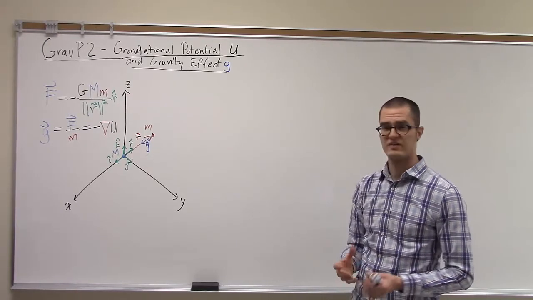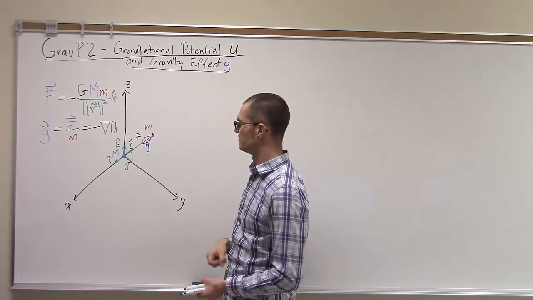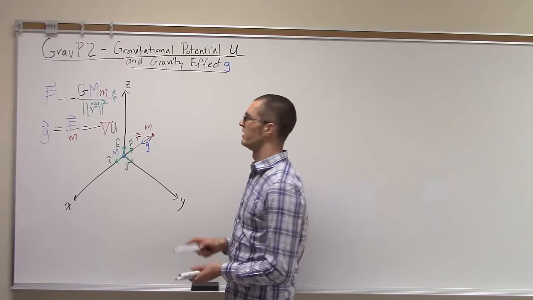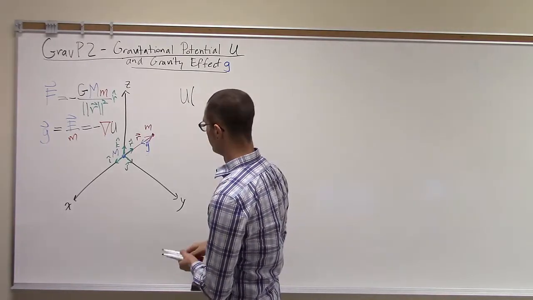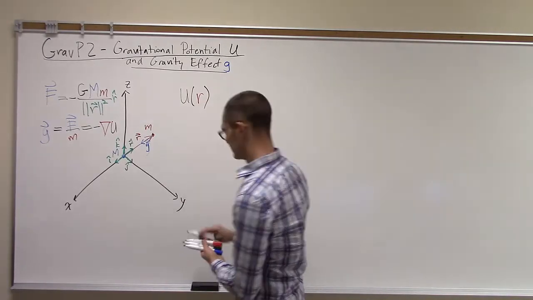Now we want to calculate what is U as a function of this distance r from the origin. So we'd like to calculate what is the gravitational potential U as a function of the distance r.